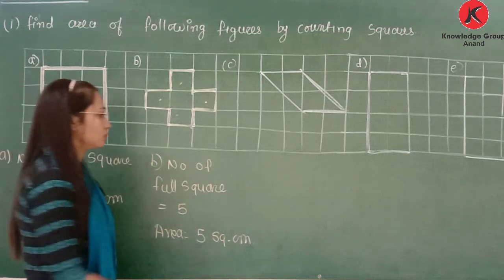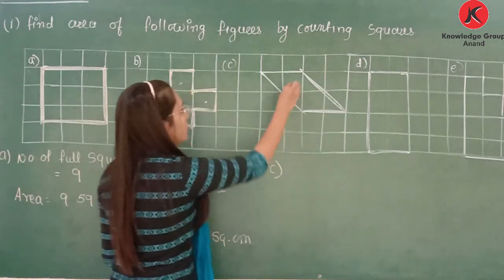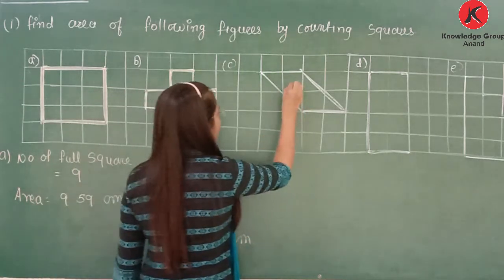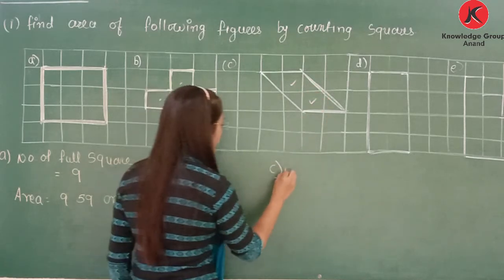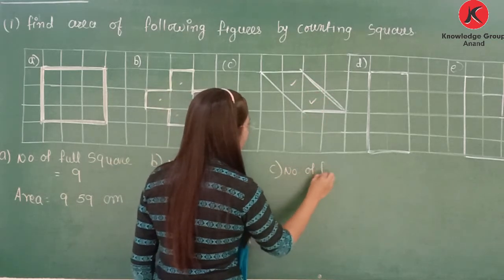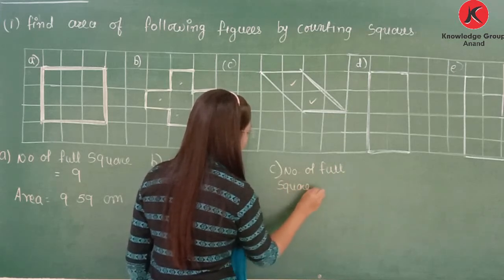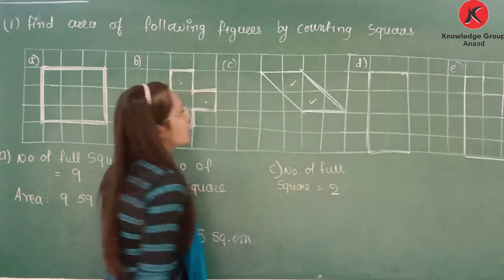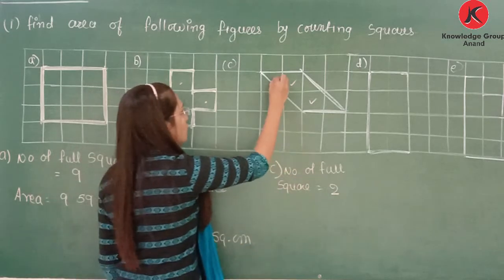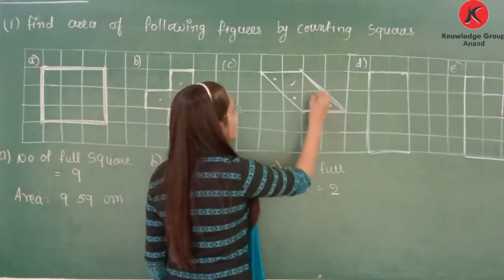Now next one, for C, count the number of full squares. So that is 1 and 2. So we can write number of full squares is 2. Now number of half squares. So here 1, 2, 3 and 4.